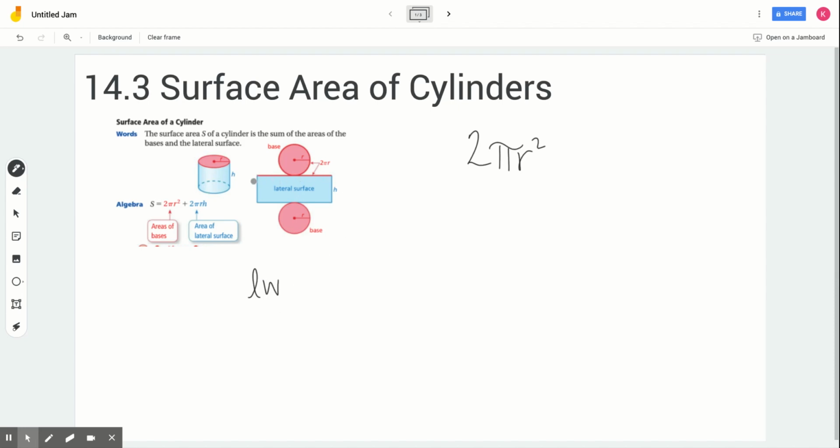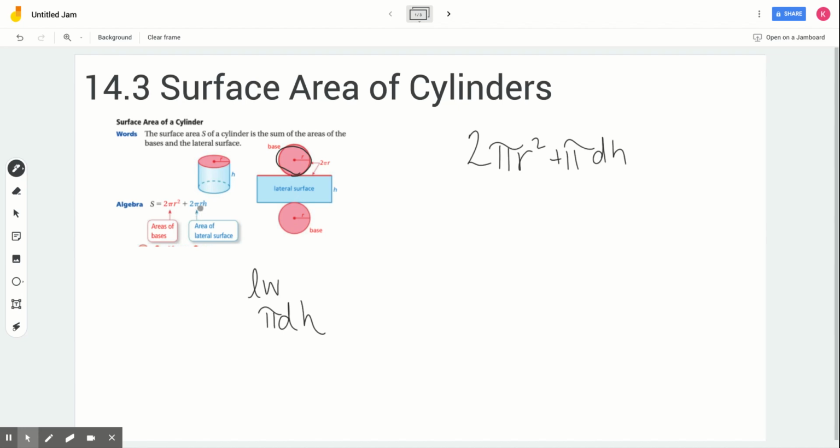When we stretch out this rectangle, the distance around the circle is the length. The distance around the outside of the circle is the circumference, or pi times diameter. So we can take pi times diameter times the height to find the area of that rectangle.